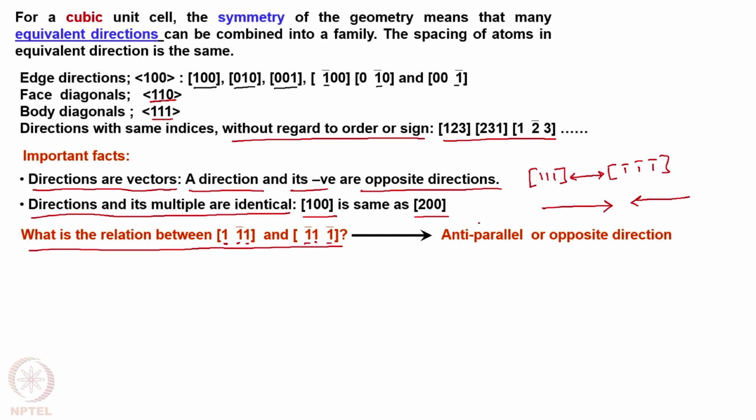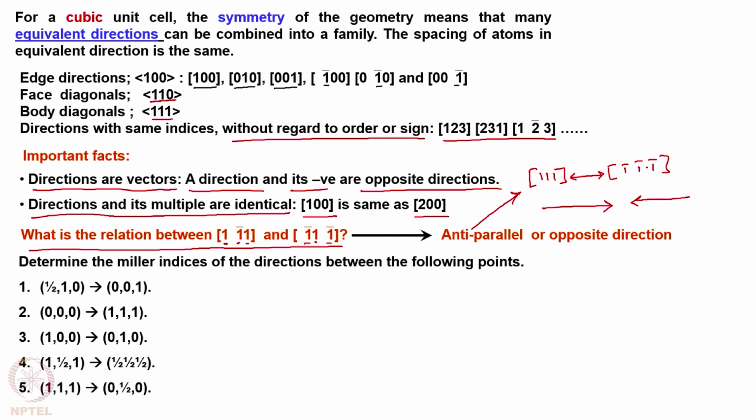So in the same manner as we saw [1 1 1] and [1̄ 1̄ 1̄] are opposite directions, it applies for other combinations also. So I would like you to practice at home: determine the Miller indices for the direction between the following points. There are 5 such examples I would like you to do yourself.